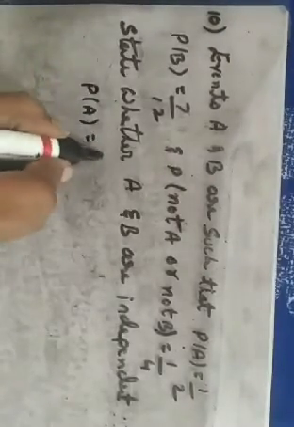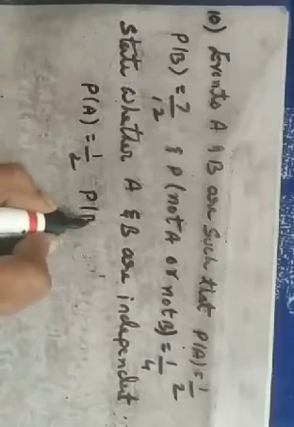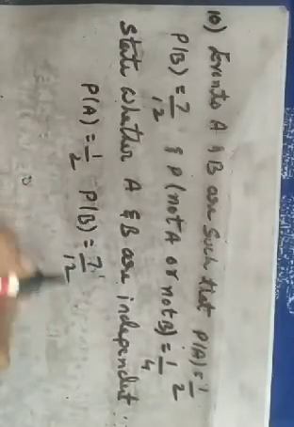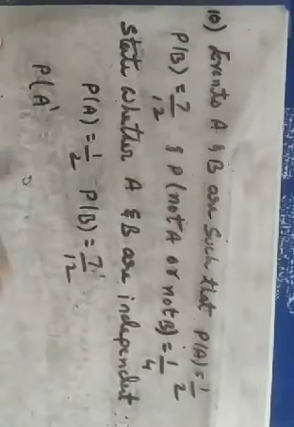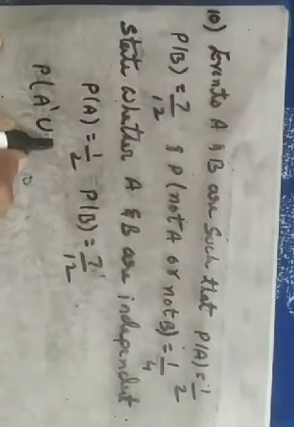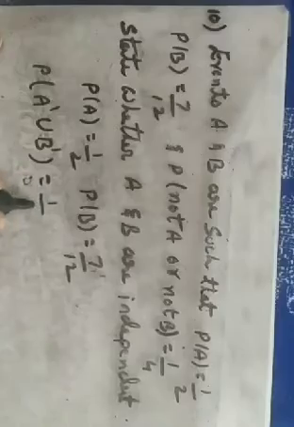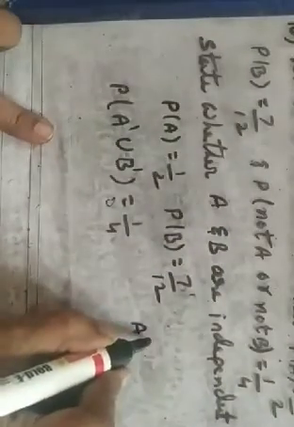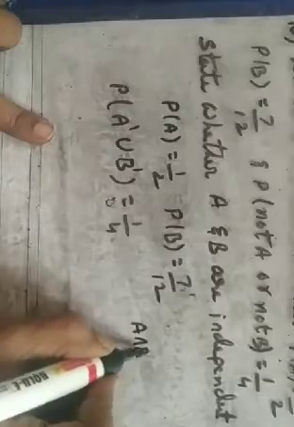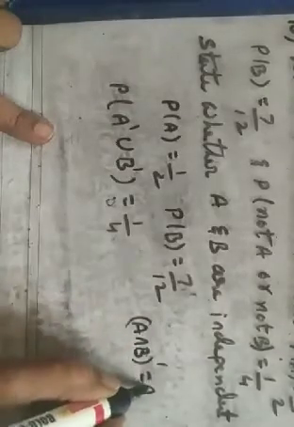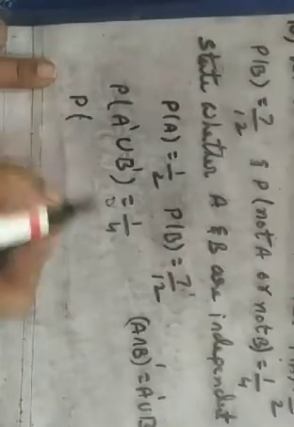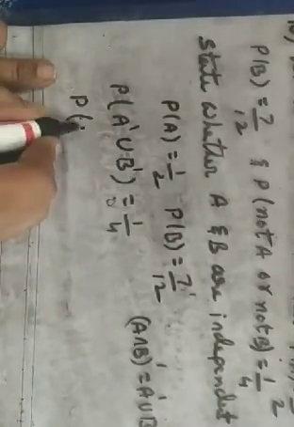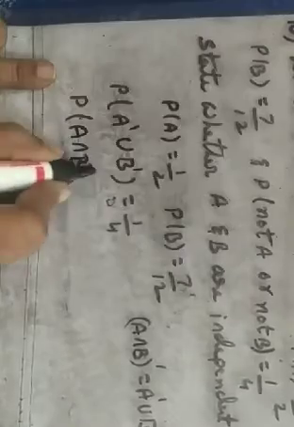P of A equals 1 by 2, P of B is equal to 7 by 12. P of not A and not B, given by A dash intersection B dash, is equal to 1 by 4. I gave you the formula that P of A dash intersection B dash can be written as P of A union B complement.